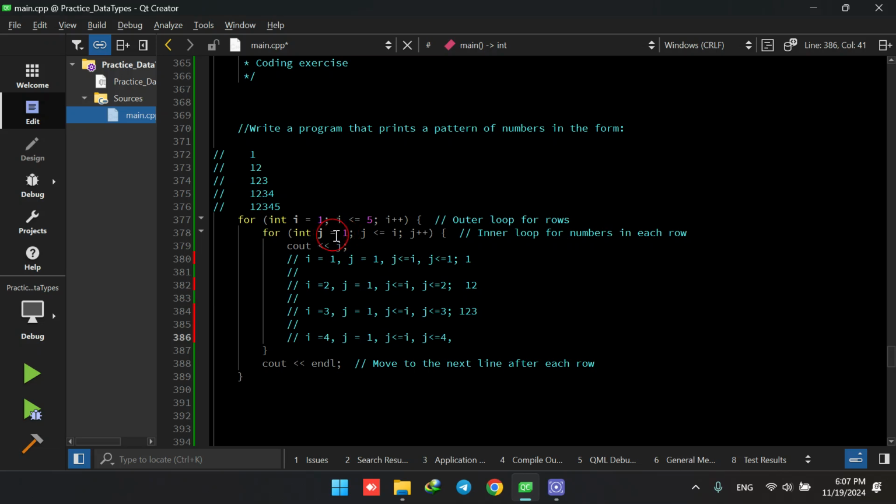So it's like writing 4 here for this round of iteration only. So j equals 1, it prints 1, and then it comes back to this line. It increases the value of j and then prints 2, then comes back to this line, increases the value of j, prints 3, and then 4. When it reaches 4, it means that j is equal to its upper bound, so it cannot continue.